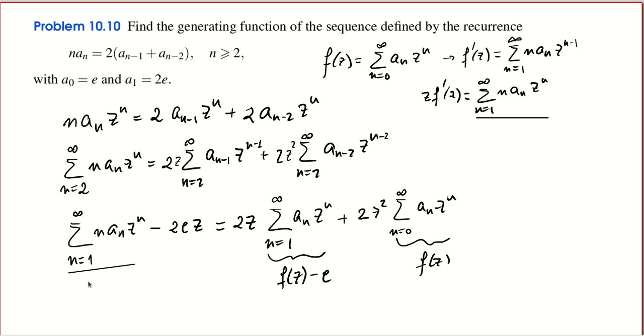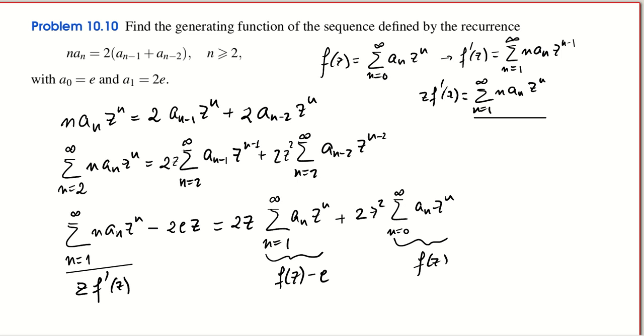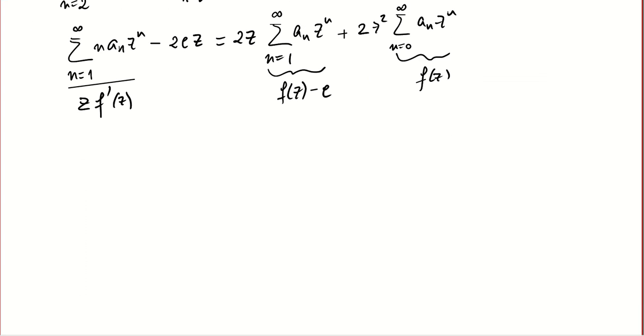So actually, we can interpret this as z f'(z). So now we can write down the equation for f: z f'(z) minus 2ez is equal to 2z f(z) minus 2ze, or 2ez, plus 2z squared f(z).